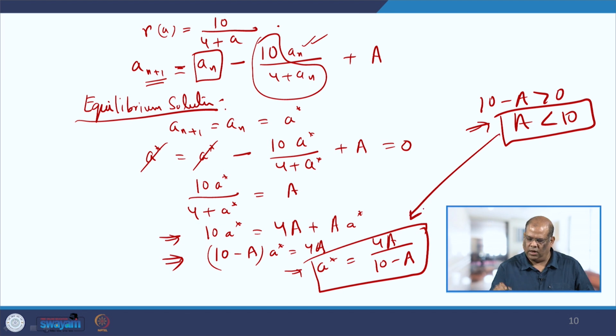So, that is the condition for the existence of a positive equilibrium solution.